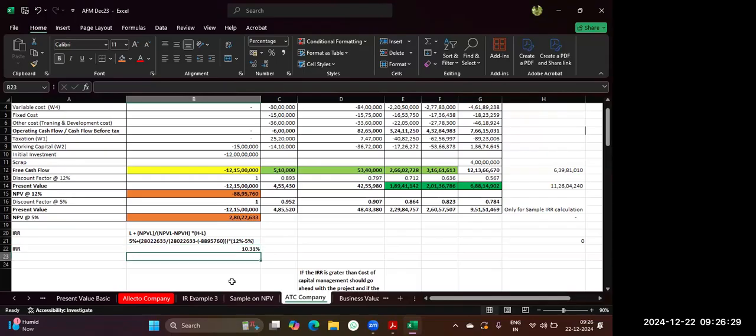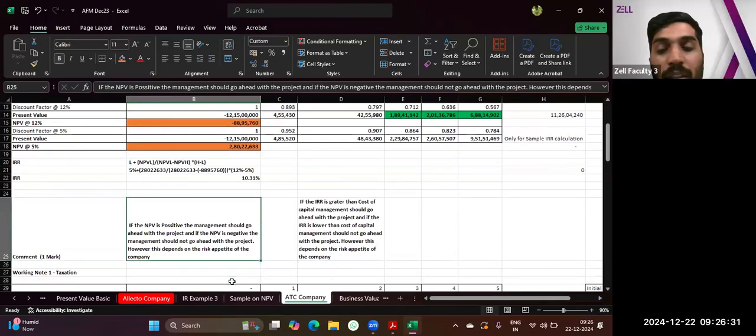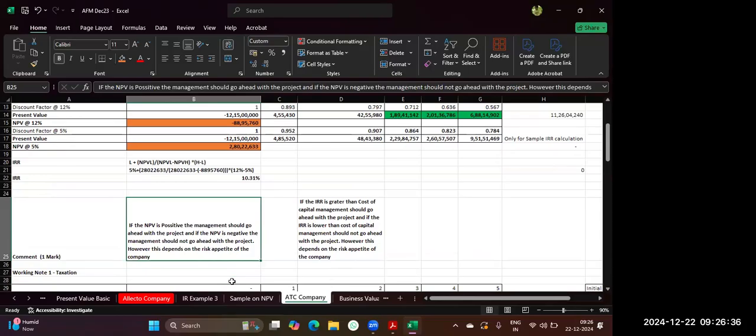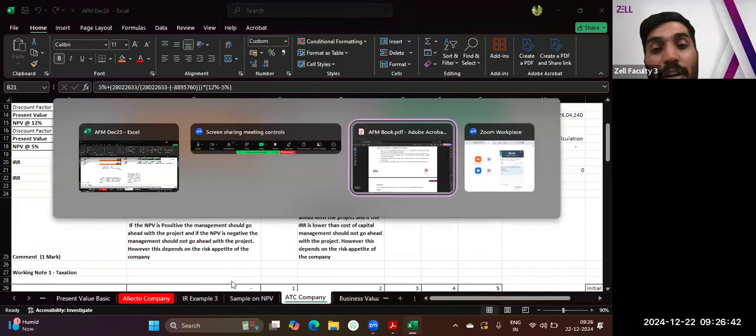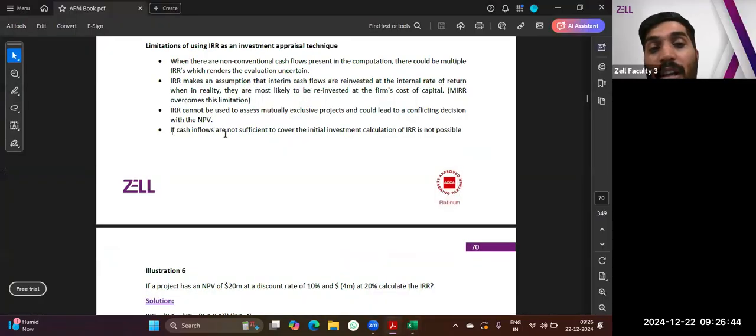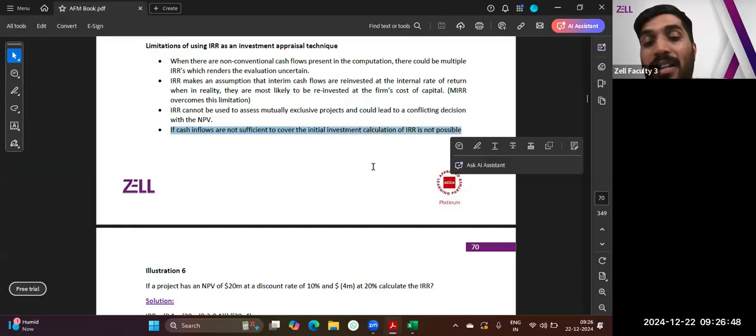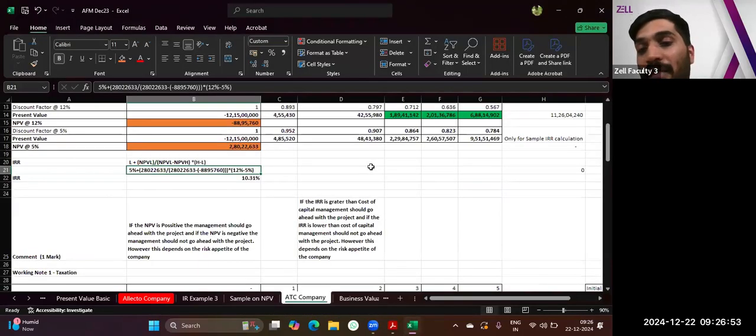So I told you if NPV is negative, we cannot calculate IRR. I said if you look at over here, if the cash flows are not sufficient to cover the initial investment, IRR is not possible. That means IRR is irrelevant for you. This is just an example that we are taking to understand how to calculate an IRR.